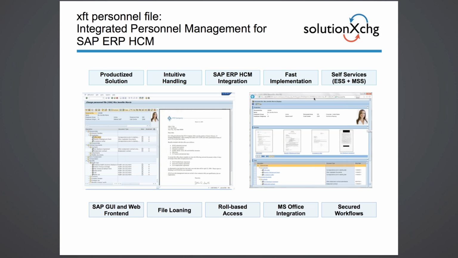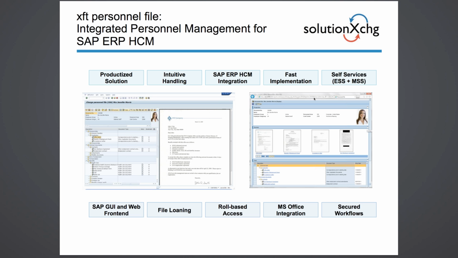Okay, and then there is another question, how's the product licensed? The product is licensed by SAP by the volume of SAP personnel numbers. So if you have 8,000 employees in your organization, then you would get a license for 8,000 personnel records.